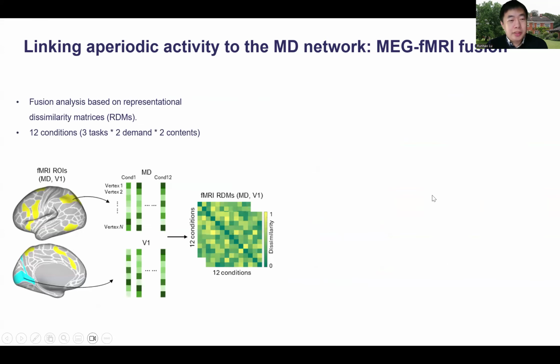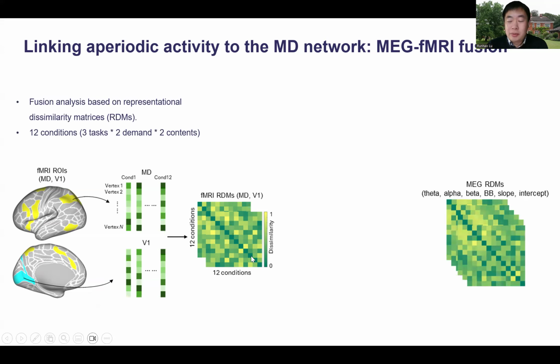Next, we used a fusion analysis based on representational dissimilarity analysis. For fMRI data, we have the MD ROIs, and we also have V1 as a comparison. For each of the 12 conditions, we have 3 tasks, 2 demand levels, and 2 contents, so we can build an RDM, condition by condition. Similarly, we can create RDMs for the MEG signals across all MEG sensors. For oscillatory, we have theta, alpha, and beta.